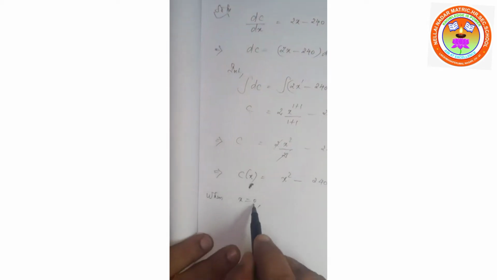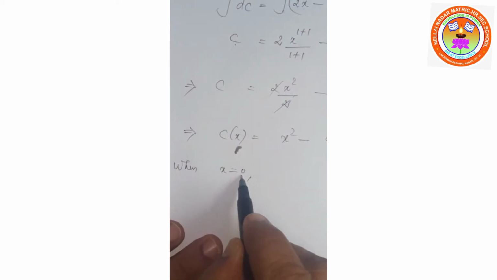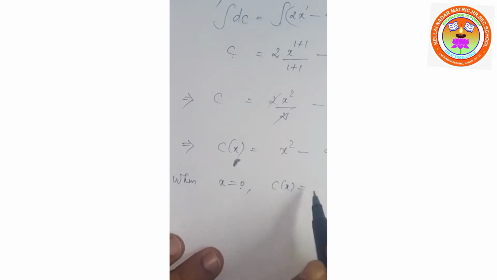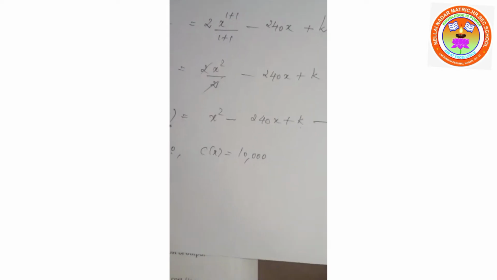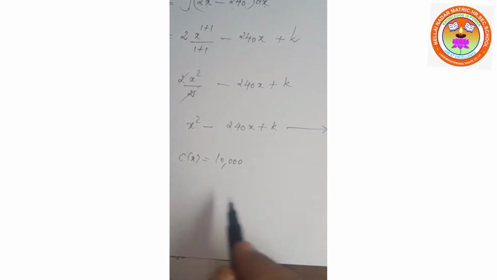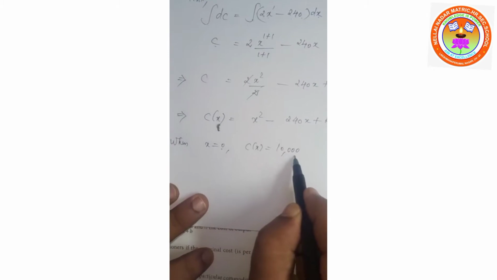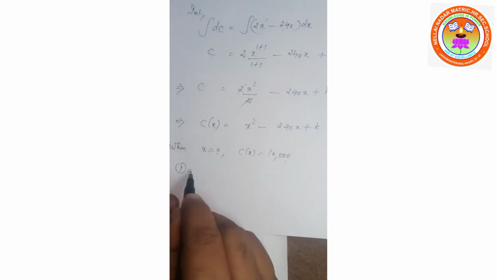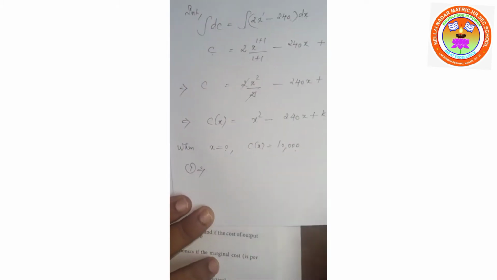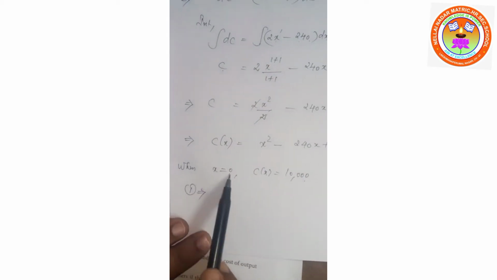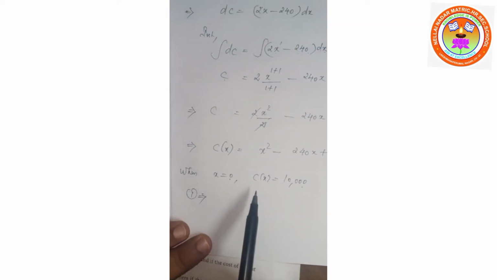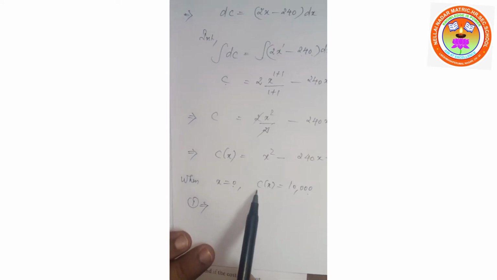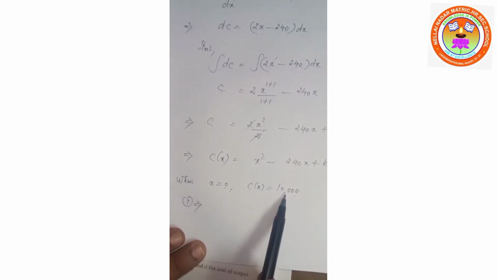So when x equals 0, the overall cost you have to take, that is given 10,000. Right? Substitute x equals 0 and c of x equals 10,000 in equation number 1. That means I have taken x equals 0 if the engine is in static position. If it doesn't run, how much amount we have spent for overhauling? 10,000 rupees, that has to be considered.